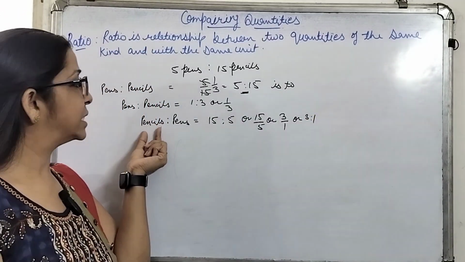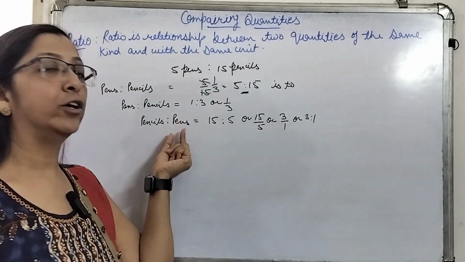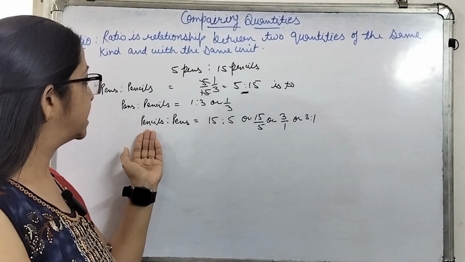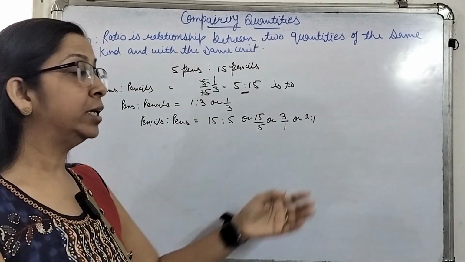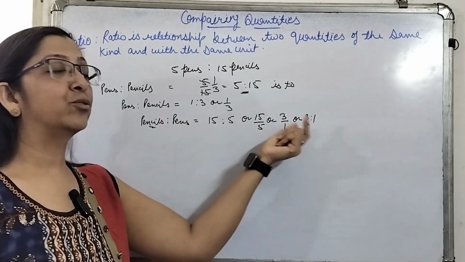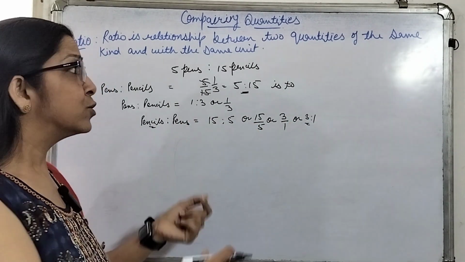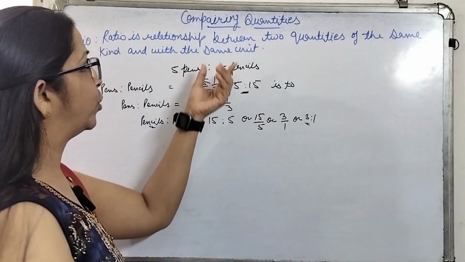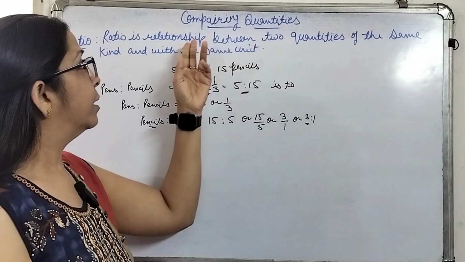That means pencils are 3 times your pens. Because pencil to pen is 3:1, that simply means pencils are 3 times your pens. So this is how we are representing any two quantities in terms of ratios.